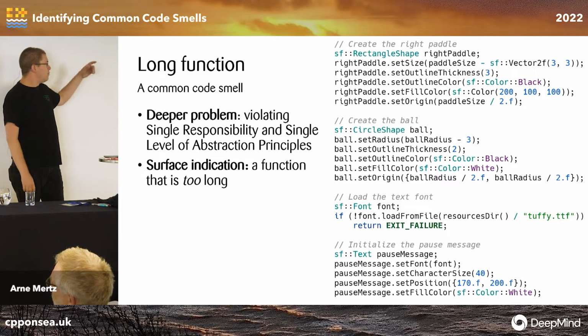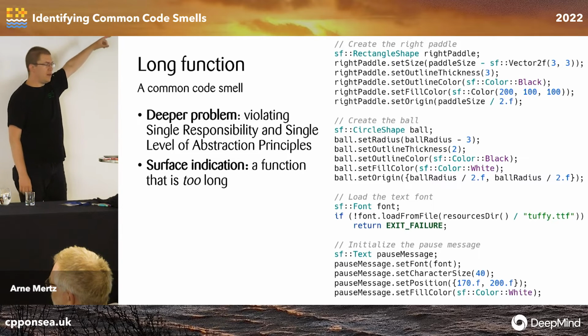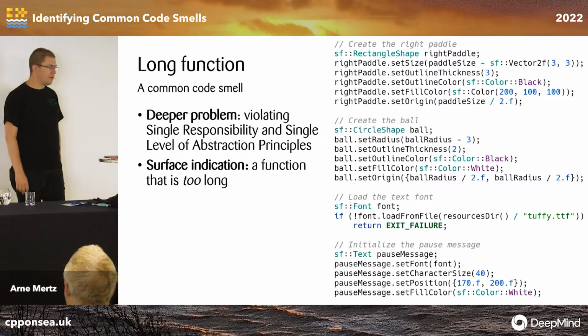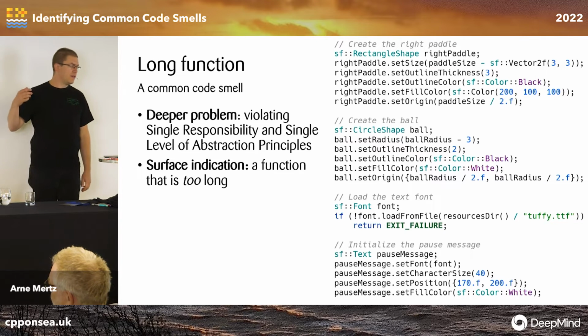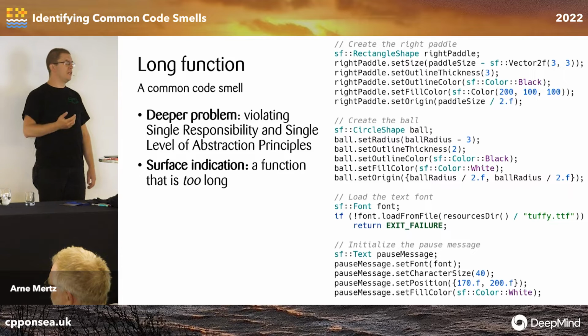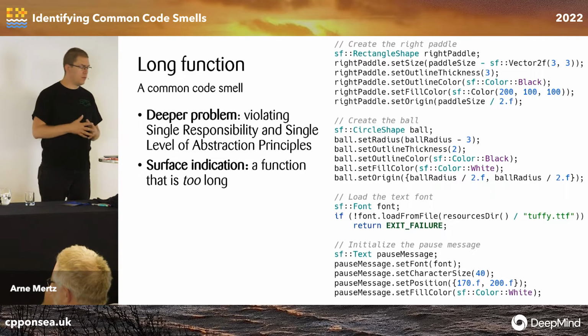Then we see the ball is created. The left pedal is coming immediately before this. Then there's a text font that gets loaded, and then there's a message for when you pause the game that has to be initialized, has to be set a font and a font size, and so on and so forth.